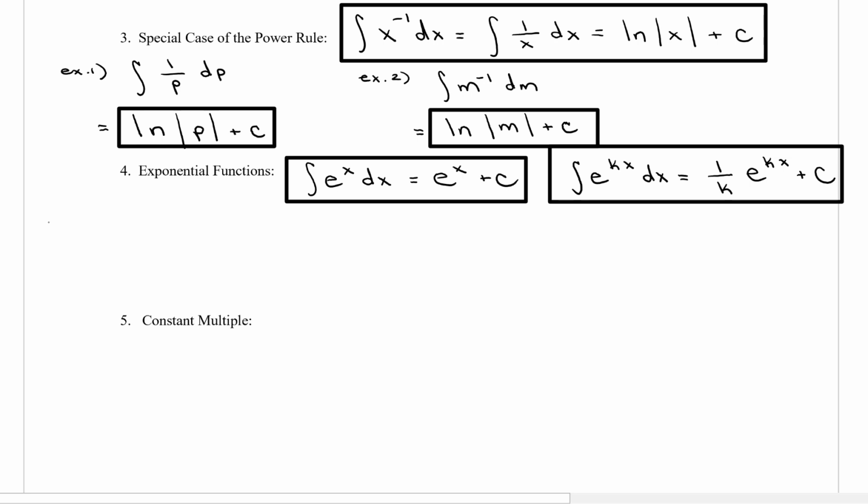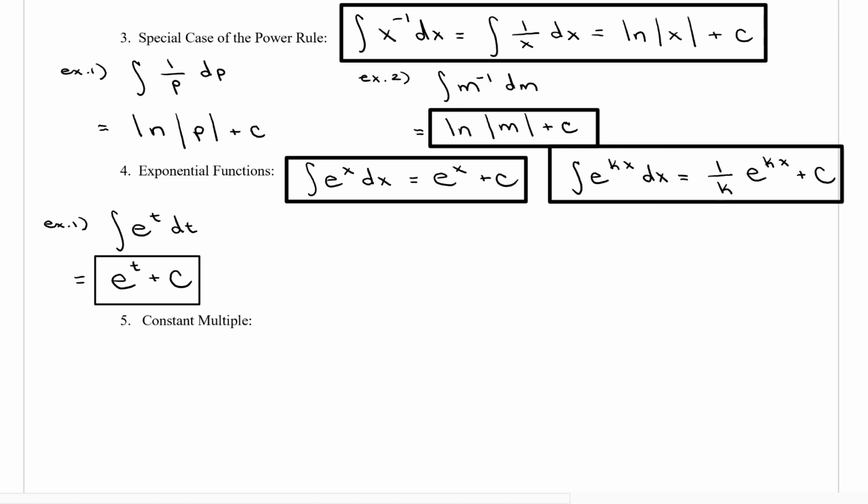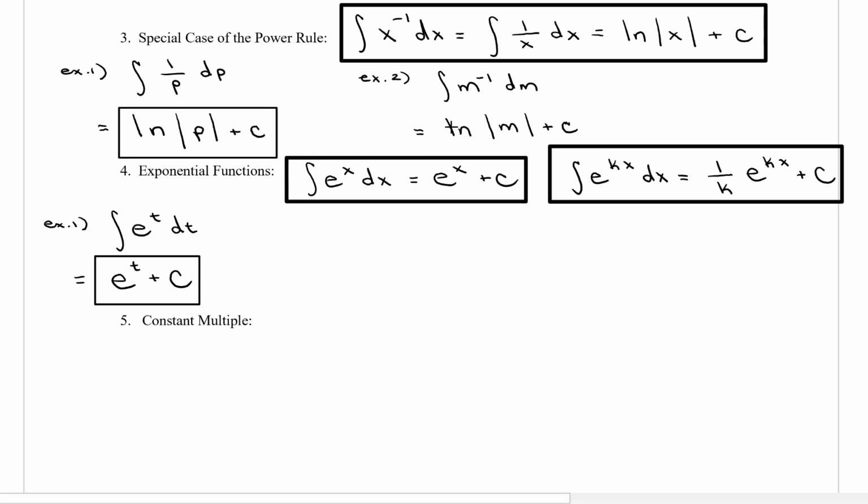All right, so let's go ahead and do examples for our exponential function rules. Example 1, the integral of e raised to the t power dt. This equals e raised to the t plus c. Let's go ahead and box that in. And you know what? I think I'm going to change the boxes for all the answers of my examples to a slightly thinner box.